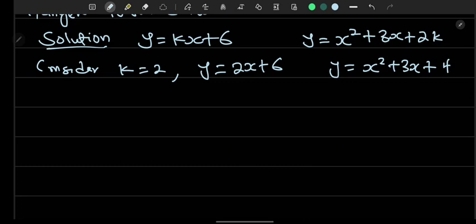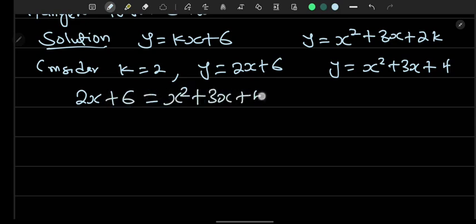Since there is a point of intersection, we can substitute. We call the first one equation 1 and the equation of the curve equation 2. When you equate the two equations, you have 2x plus 6 equals x squared plus 3x plus 4.